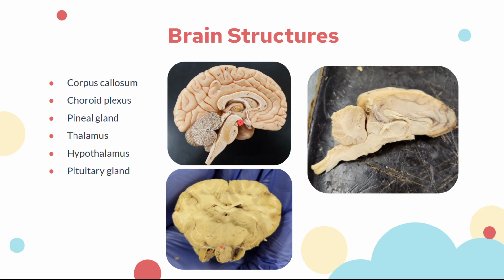If you were to see it in the sagittal section, it would essentially look like this, just split in half. Since this is the optic chiasma, the pituitary gland would have to be somewhere around this region, because here's the thalamus and the hypothalamus, and right underneath the hypothalamus is our pituitary gland. You can't see it on this specific sheep brain, but it would be around this region.